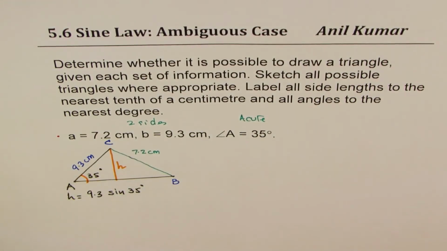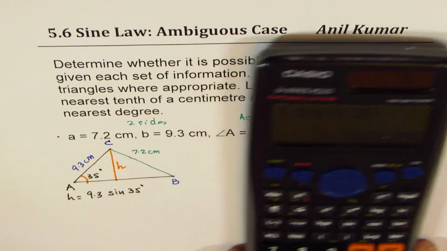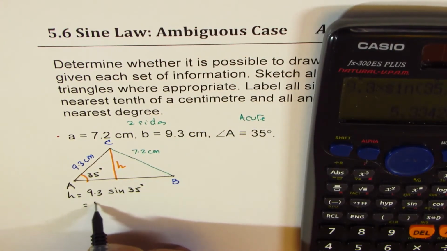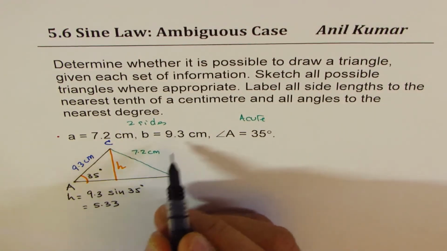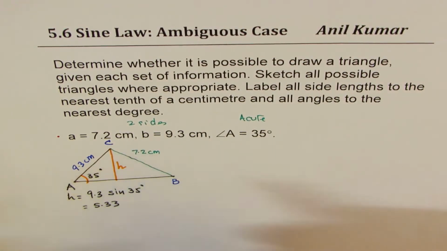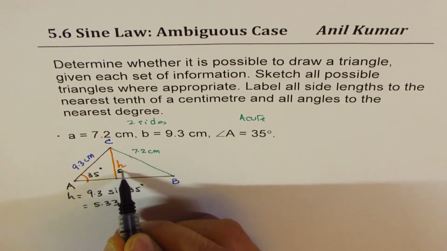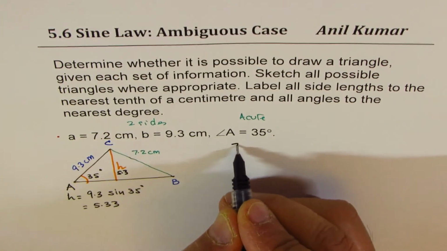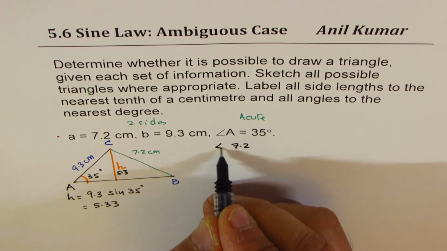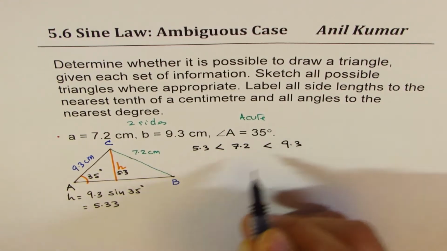So let's use the calculator and figure it out. 9.3 times sine of 35 degrees is equal to 5.33. Now clearly, this height is 5.3, for example, correct? Now here what you see is that 7.2 is actually greater than 5.3 and is less than 9.3, correct?